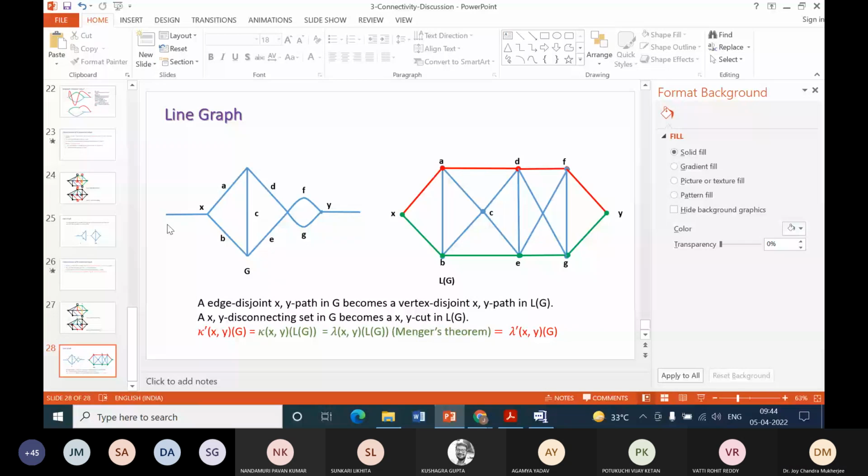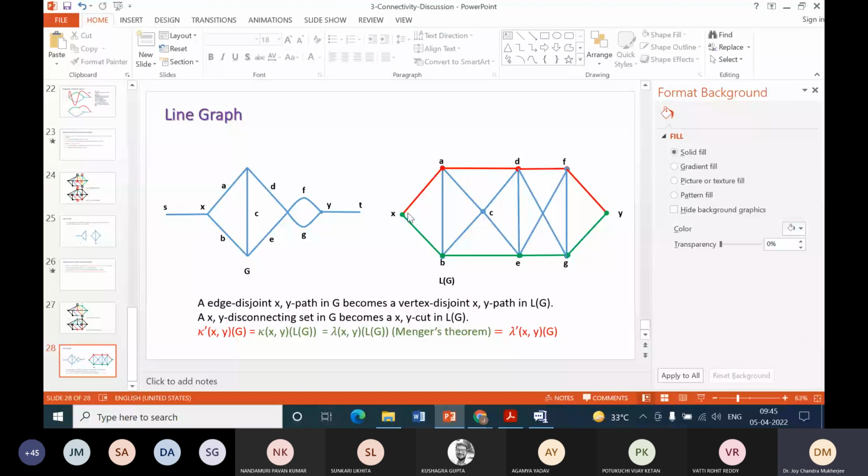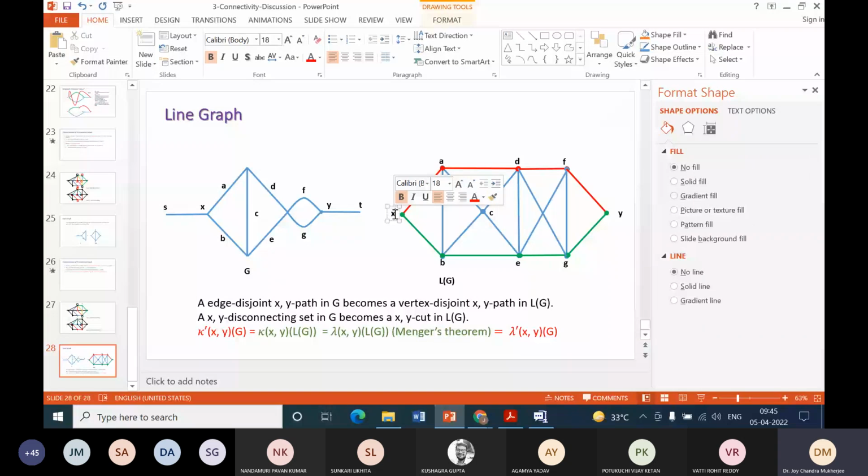So we add an extra edge here, and suppose this vertex is S, the source, and y is my target vertex, so from y I drew an edge, and this is T. So basically this is not x, this is my Sx.